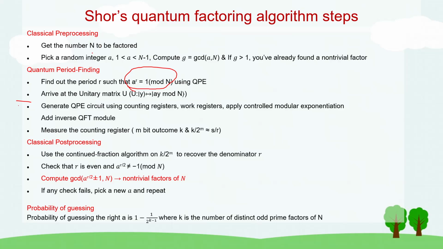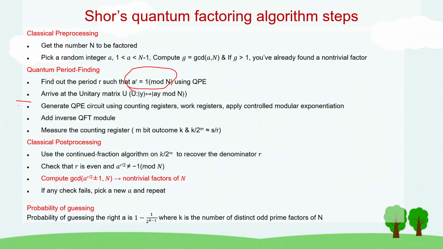You get the number n to be factored and you guess a, where a should be greater than 1 and less than n minus 1, and then you take a GCD between a and n. If you get any GCD greater than 1, that means you got a factor already, a non-trivial factor, and you don't need Shor's algorithm, but generally that is not the case, right?